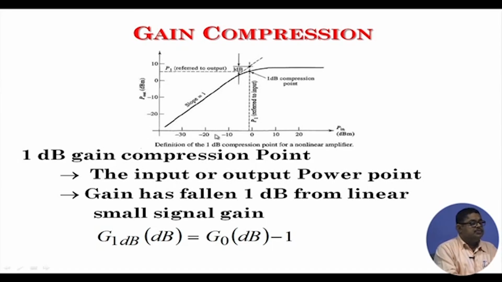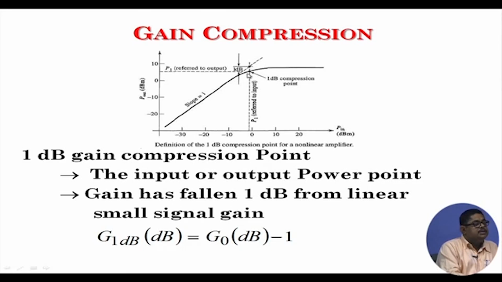As we increase the power at the input, the output follows, but after a certain point we see that it starts falling. Why it starts falling we will explain later, but all systems have this. It would have gone on infinitely along this dotted line, but in all practical systems this curve, instead of going linearly, starts bending.